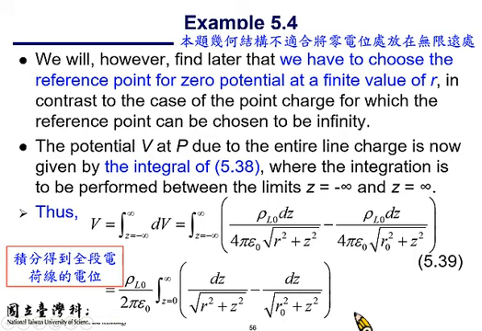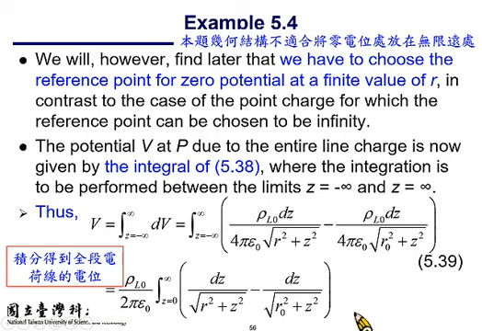Alright, so you will still have a converged value, even though you have to do an infinite integral over the z-axis. So let's perform the integral along the z direction from minus infinity to infinity, like this.